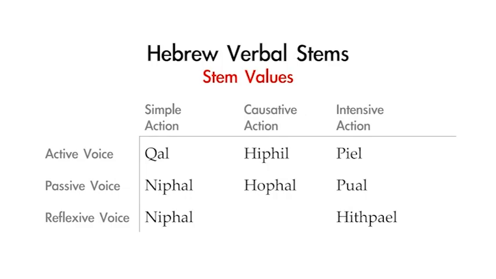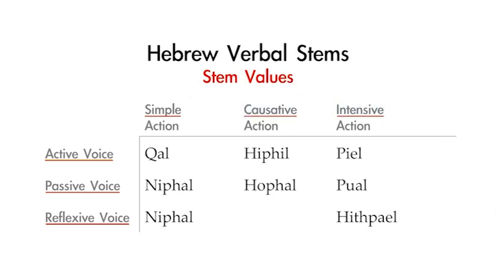You can see on your screens how these stems are related in terms of voice and action. In this left-hand column running vertically, we have the active voice, the passive voice, and the reflexive voice. And in the upper horizontal columns, we have the simple action, the causative action, and the intensive action.